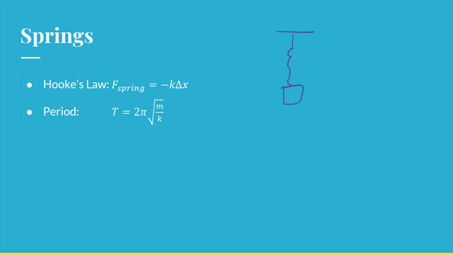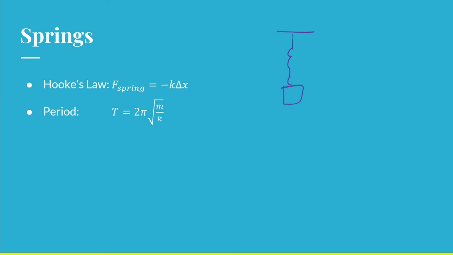In the real world, that will eventually slow and come to a stop, because there's air resistance and friction and a whole bunch of other things. But in an ideal non-frictional vacuum, this mass on a spring is going to bounce up and down forever.